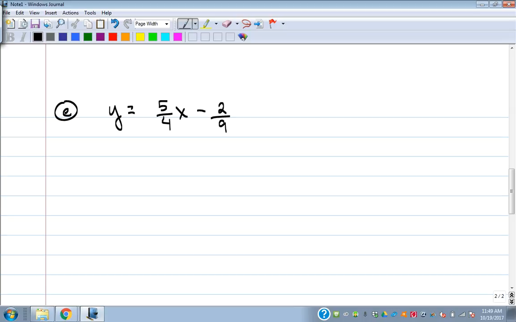All right, so what do we do first here? Move the 5 over 4x. So we're going to subtract it on this one. These cancel out. What do we got on the next line? What's the equation?